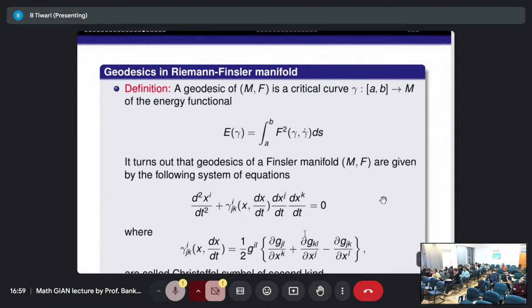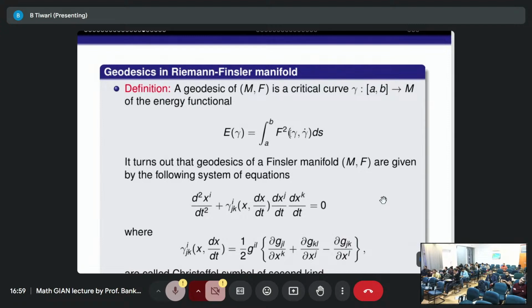Now let us come to the next stage: you can now measure the length of curves, and here is the energy functional. For any curve gamma, you can define its energy functional as the integral of the square of this norm. The geodesics are actually the critical curves of this energy functional.